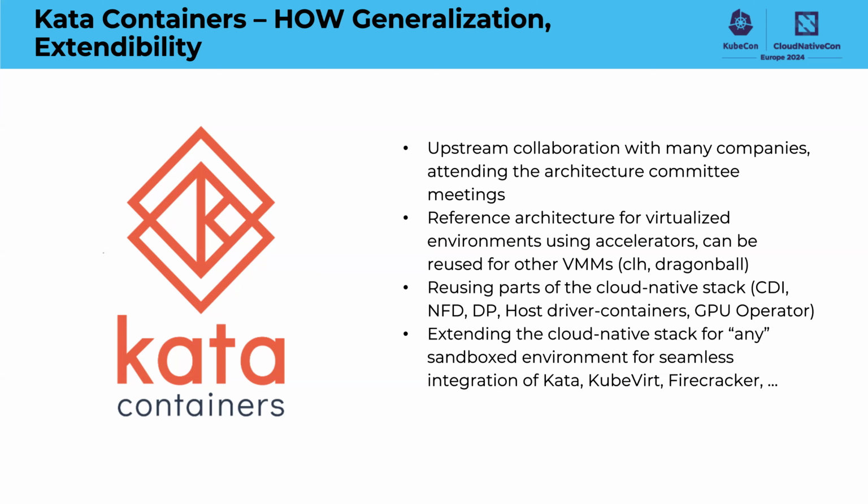I have a slide later on what this means, that we can use as a blueprint for other VMMs, be it Cloud Hypervisor or Dragonball, which is the Rust implementation used by Alibaba, for having a micro latency-sensitive VM to run, for example, cloud functions. And that's how Alibaba is leveraging Kata. AWS also has support for Kata. So if you have a Metal instance, you can deploy Kata on AWS.